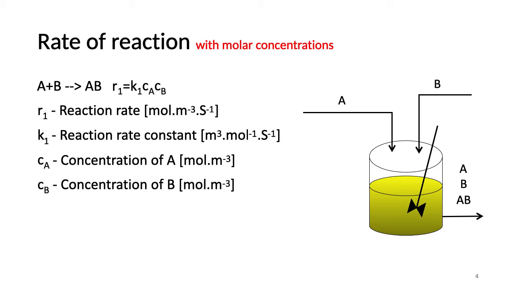The concentrations of A and B have units moles per cubic meter. So, the reaction rate constant K1 has units cubic meters per mole per second. K1 is a function of temperature and units of K1 depends on the order of the reaction.